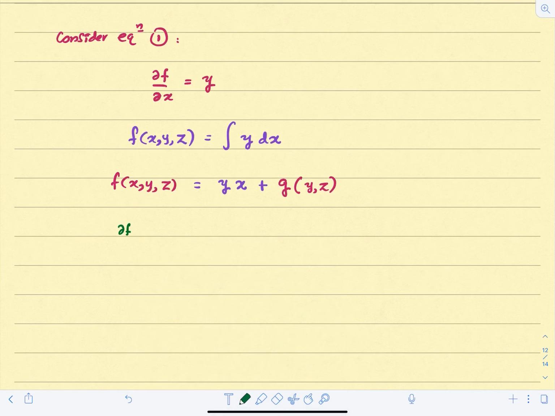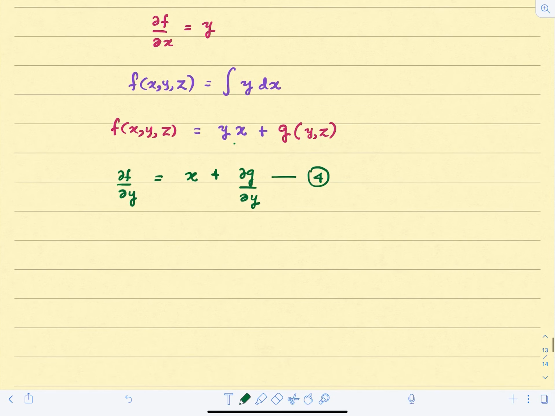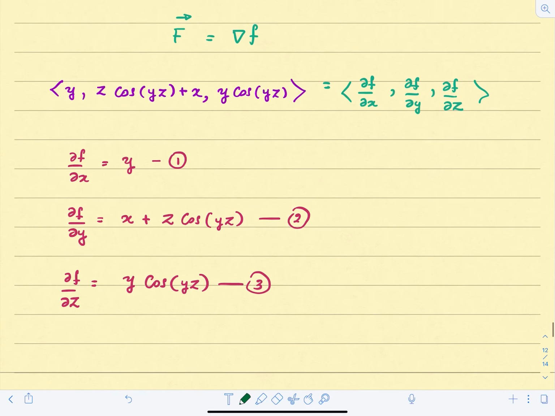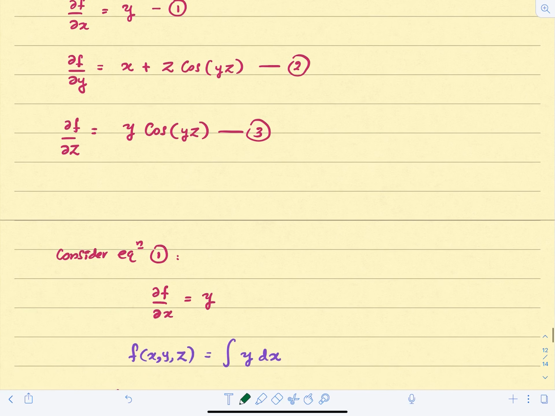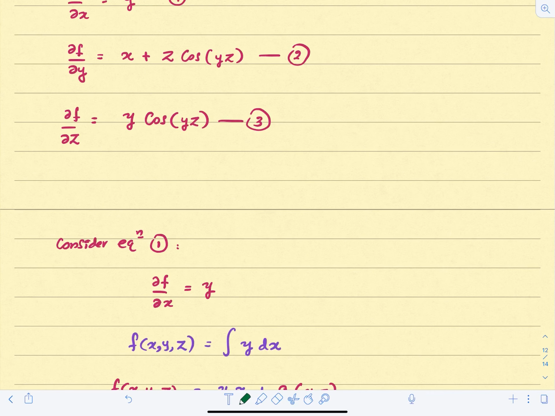So partial f of partial y equals x plus partial g over partial y. Let's say this is our equation number 4, and equation 2 says partial f of partial y equals this. This is my equation 2.